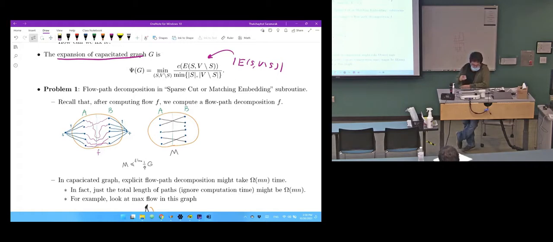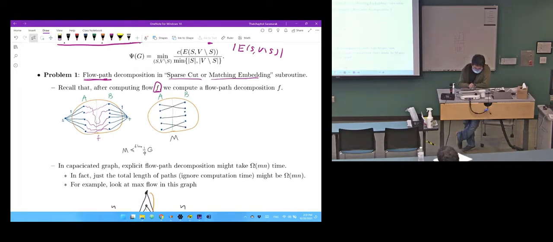So there are 2 problems. The first problem is about flow path decomposition. Recall that once we have computed the flow in this balanced sparse cut or matching embedding, we do this flow path decomposition to extract the flow paths into the matching, right?